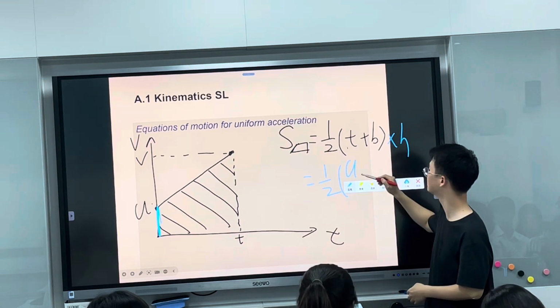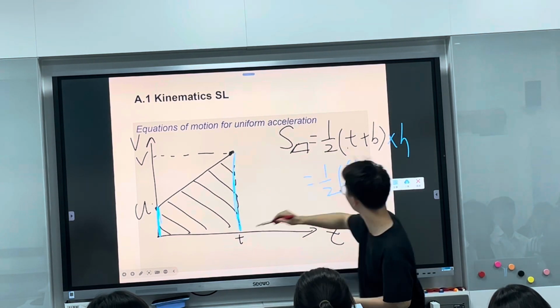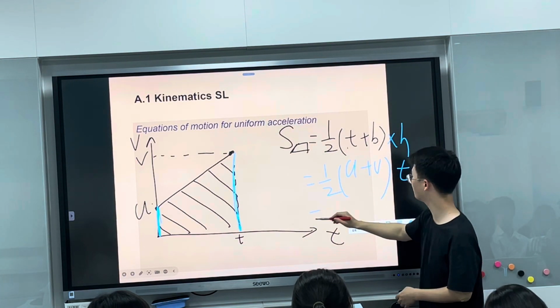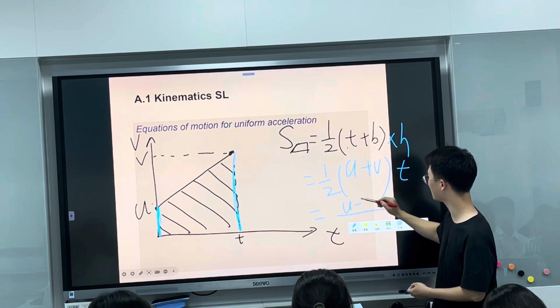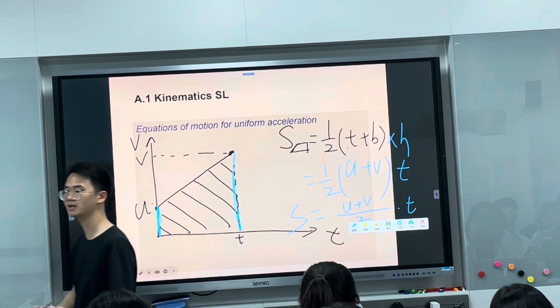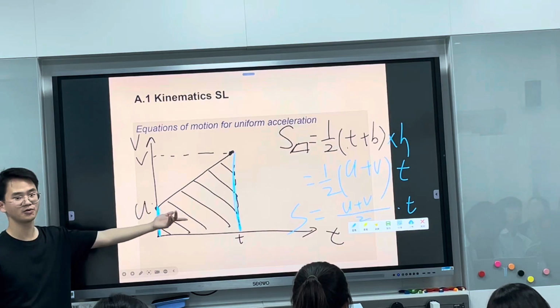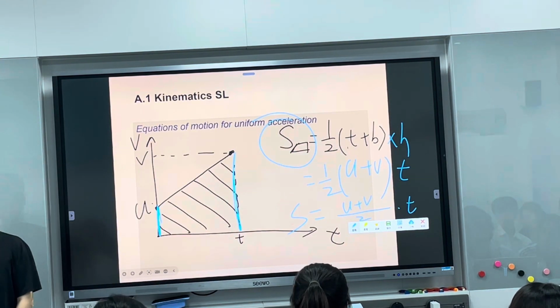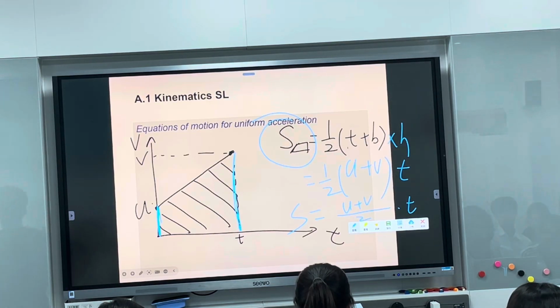What is bottom? v. What is height? t. So we rearrange it, we get u plus v over 2 times t. That's our second equation, right? How do you remember it? Basically just the formula for the area of a trapezoid.